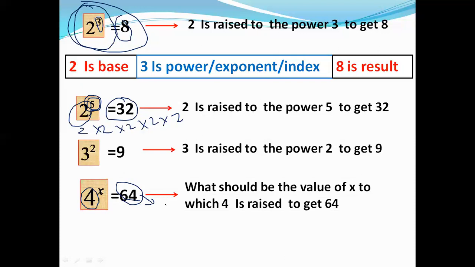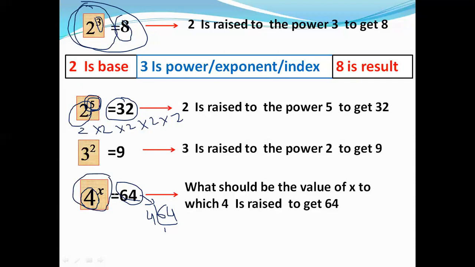So for this, first you divide 64 with 4. 4 1s are 4. Why am I dividing 64 with 4? Because I have to write 64 as a power of 4. Why as a power of 4? Here on the left side 4 power x is there.